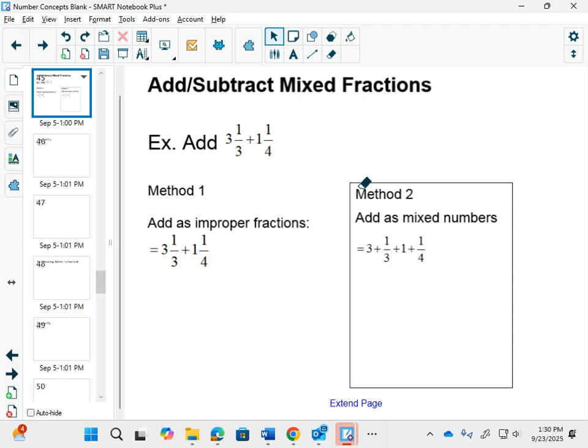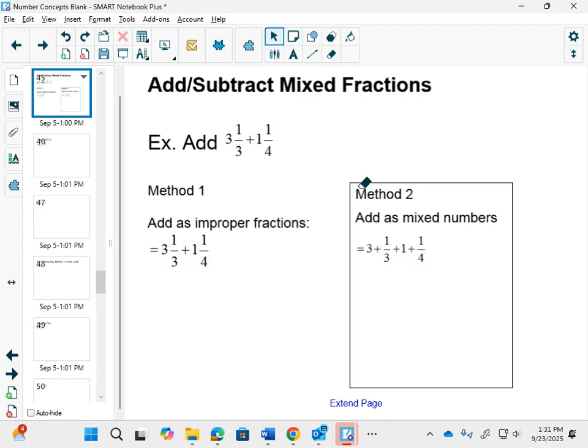First of all, when I have a mixed fraction like 3 1/3 and 1 1/4, the first thing I want you to think about is an estimation of what this is going to equal. 3 1/3 means I have 3 and a bit. And I add 1 and a bit.